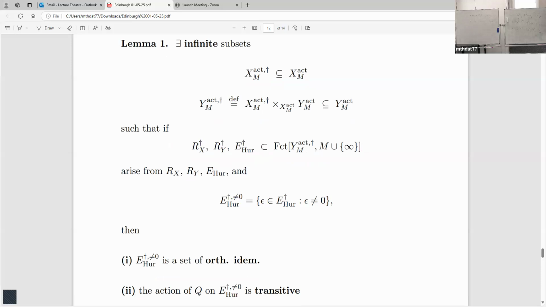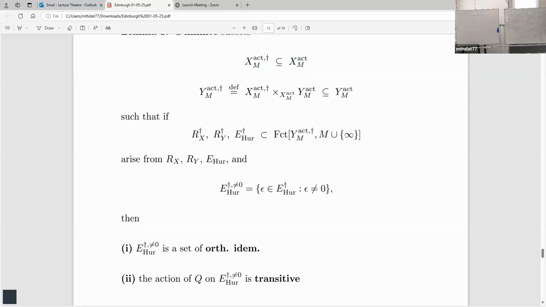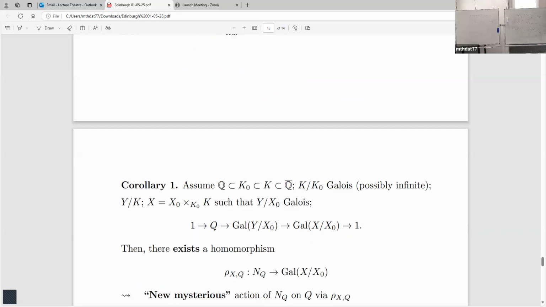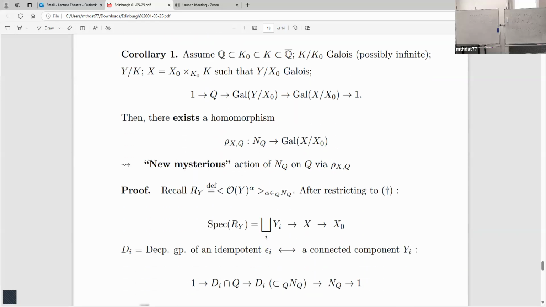Because what this tells you is that something strange is happening here. What acts on the idempotents a priori is Out F, outer semi-direct product with Q. But Out F here has disappeared, right? So this is somehow the main result.